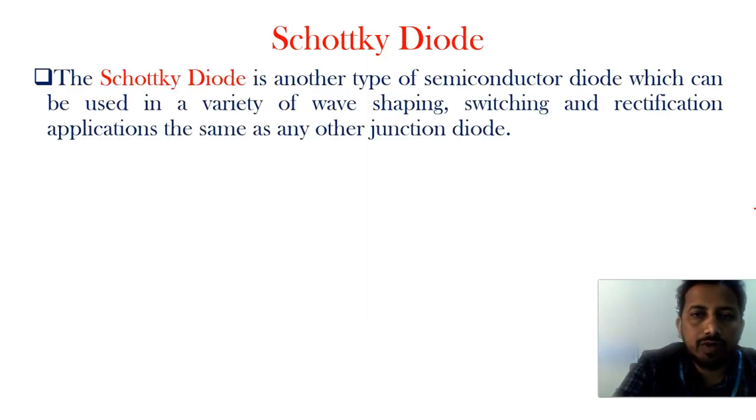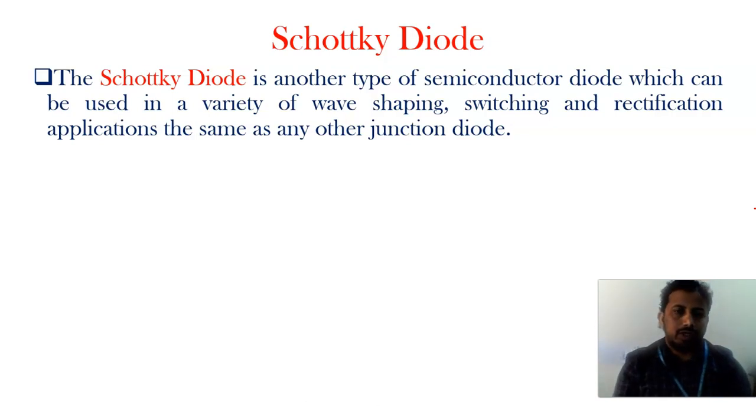Coming first to the Schottky diode. We have seen the PN junction diode, a semiconductor diode which is used in different applications. We have seen a lot of applications for the PN junction diode.